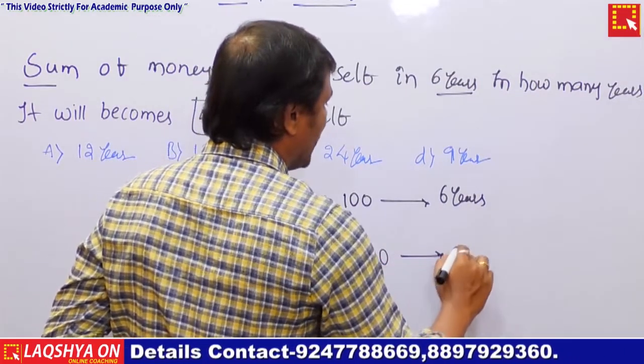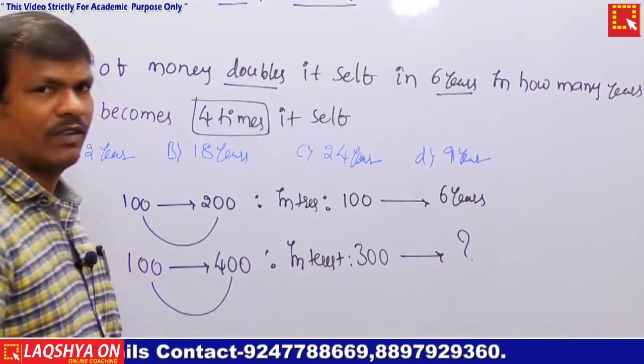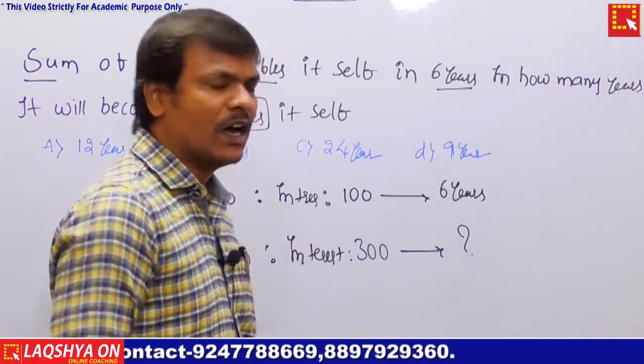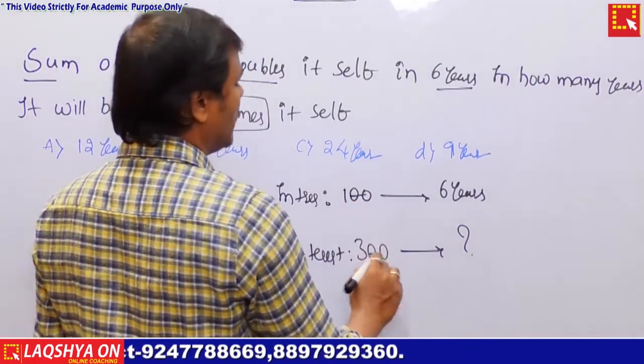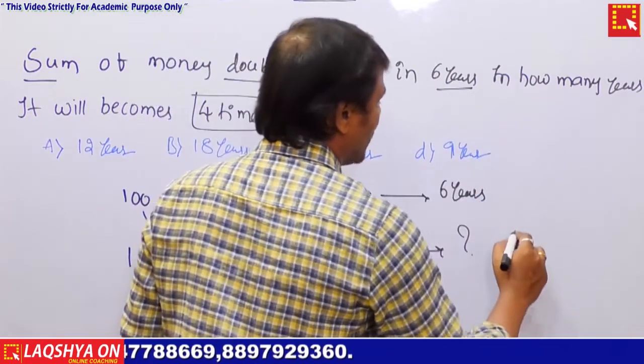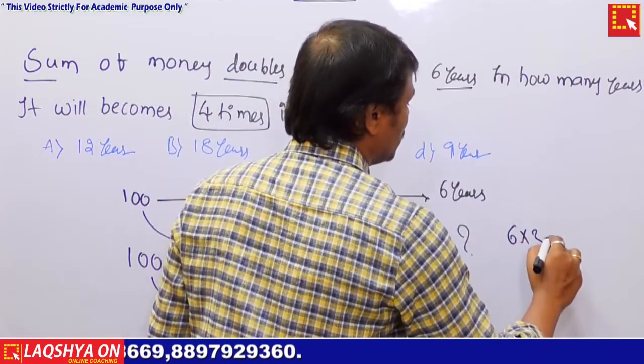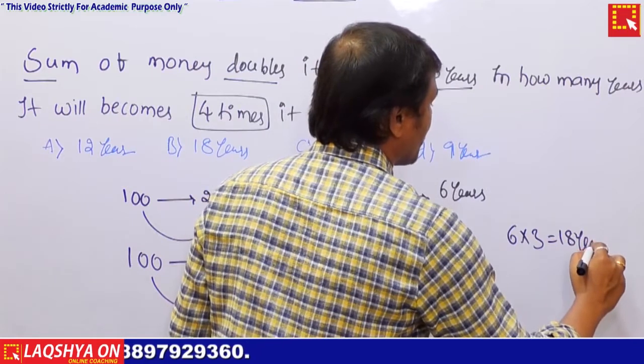300 in how many years? 100 took 6 years, so for 300, which is 3 times, the time also becomes 3 times. 6 into 3 is 18 years.